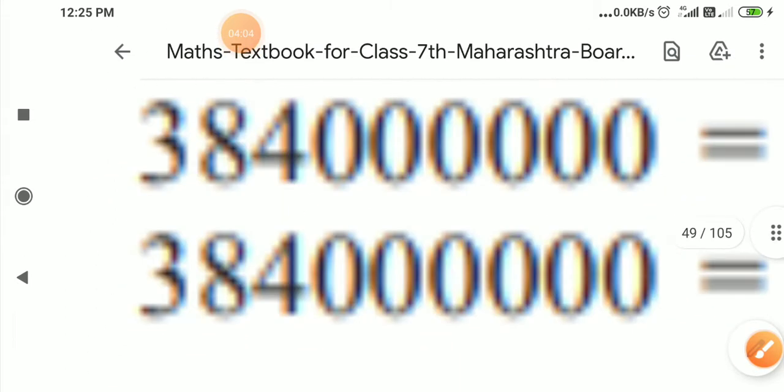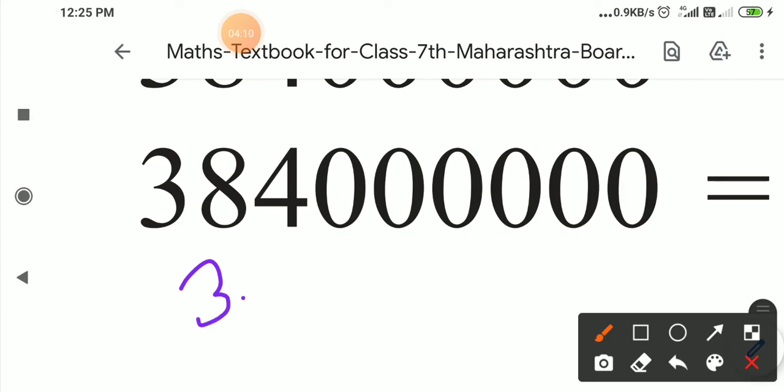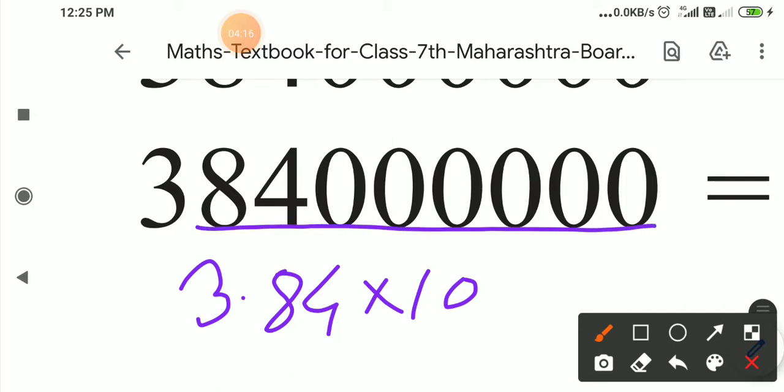Again, suppose I want the point after the 3, that is 3.84. Which power of 10 should I write here? After the 3, how many digits are there? 1, 2, 3, 4, 5, 6, 7, 8. So 10 to the power of 8. Wherever you give the decimal point, after that point the number of digits is the power of 10 you have to give.